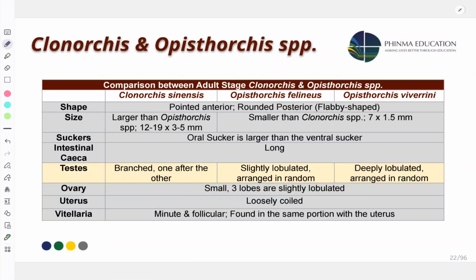Next is your Clonorchis and your Opistorchis. So kani sila similar life cycle, very similar sad na pathogenesis. Ang difference lang, no, how do you differentiate the adult worm is that using their testis. So your Clonorchis sinensis is branched, your Opistorchis felineus is slightly lobulated, and your Opistorchis viverrini is deeply lobulated.